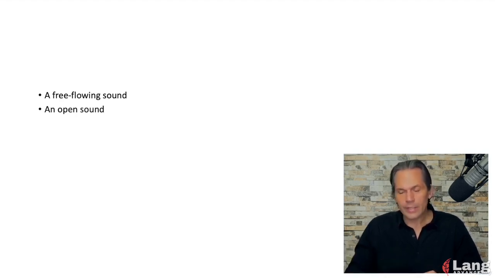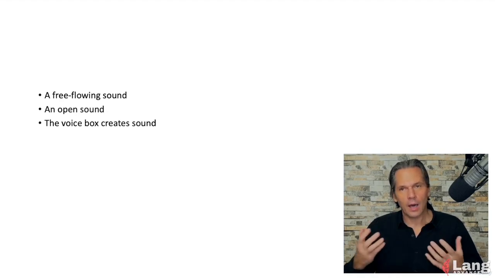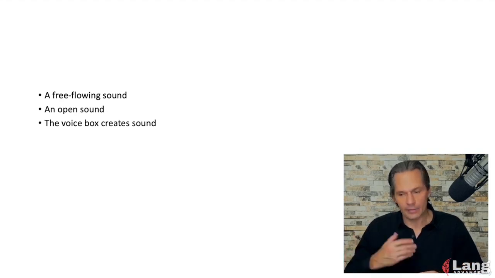What else can we say about these sounds that we just made? The voice box creates the sound. Right, that is true of all of these sounds. When the mouth is open in this way and the air is free flowing, if you didn't use your voice box, you would just get something like a sigh, the sound of air, the sound of a breath.